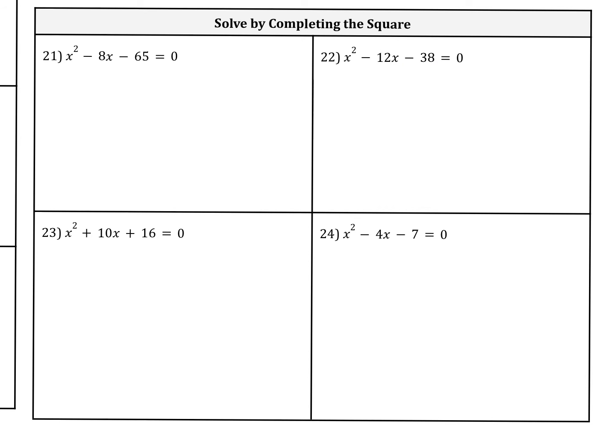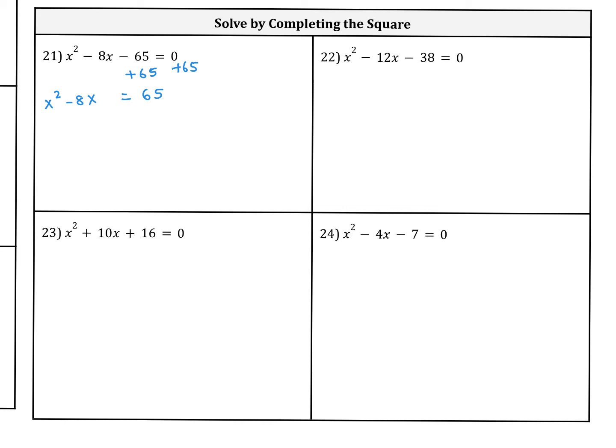Now we are going to do some practice for these 4 questions: 21, 22, 23, and 24. For 21, you're going to add 65 on both sides. So the new equation is x squared minus 8x equals 65.